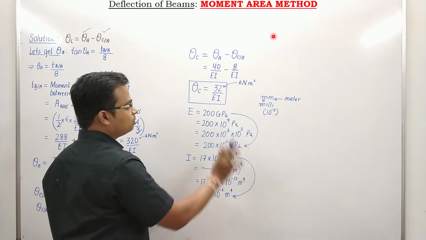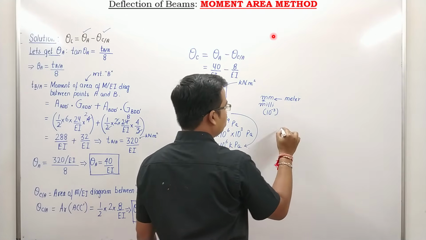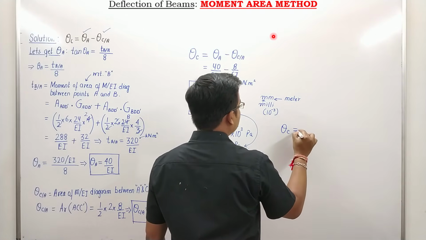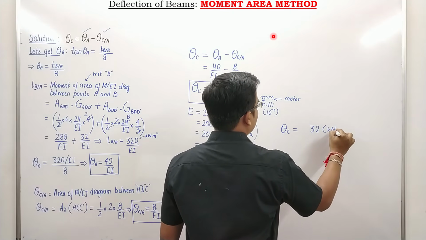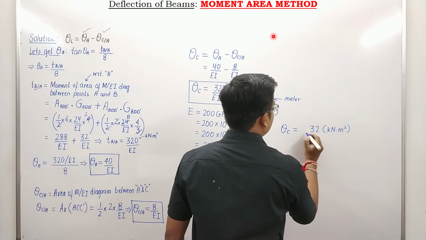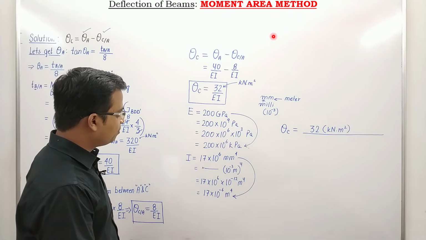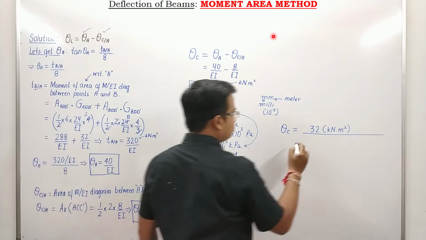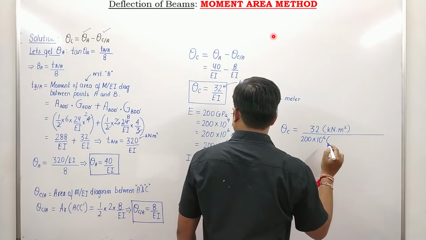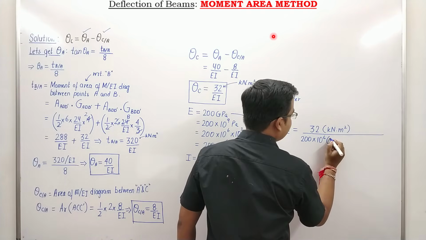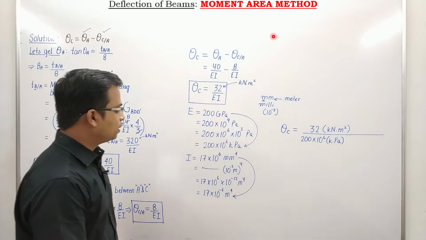You just need to plug all these values into this equation to get the final value of theta C in radians. Let me show that to you. Theta C is equal to 32, the unit being kilonewton meter square, divided by the denominator, which is going to be pretty long: 200 into 10 raised to 6, the unit is kPa, don't worry, Pa is Newton per meter square, kilopascals.